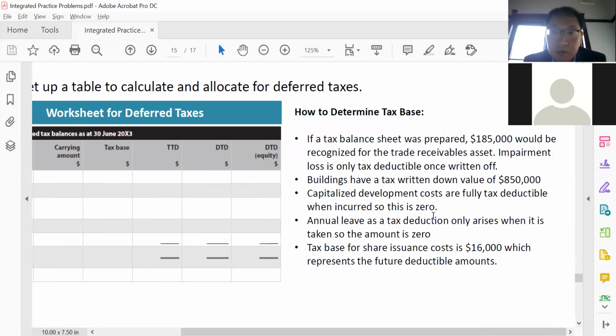Now, if a tax balance sheet was in fact to be prepared, then 185,000 would be recognized for the trade receivable asset. Impairment loss is only going to be tax deductible once that has been written off.